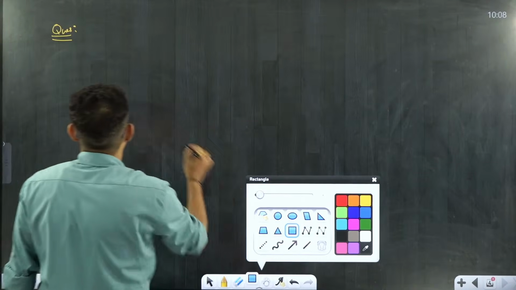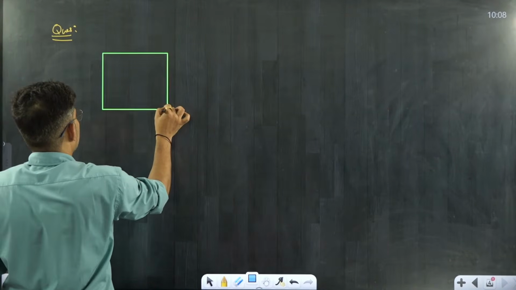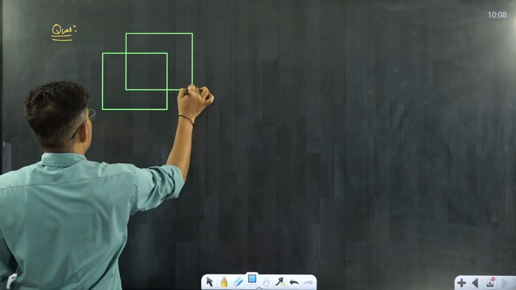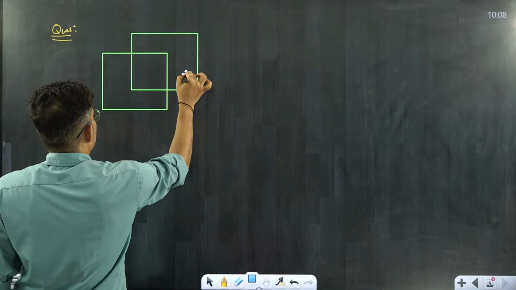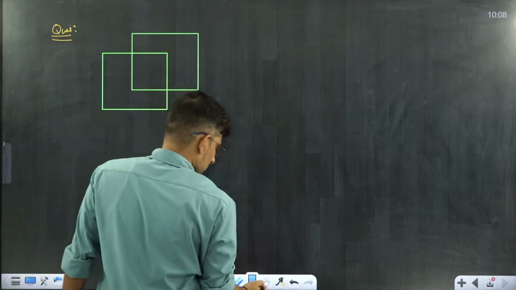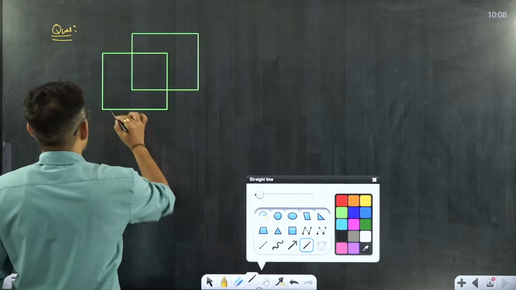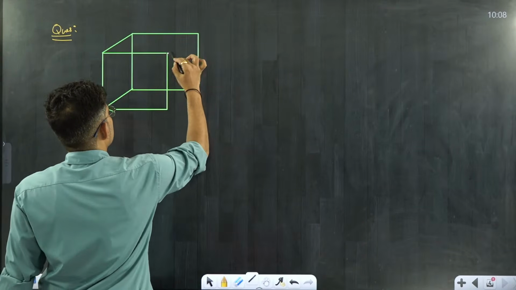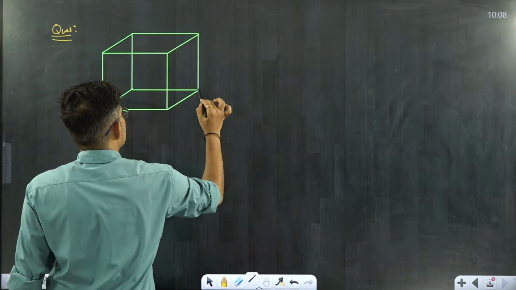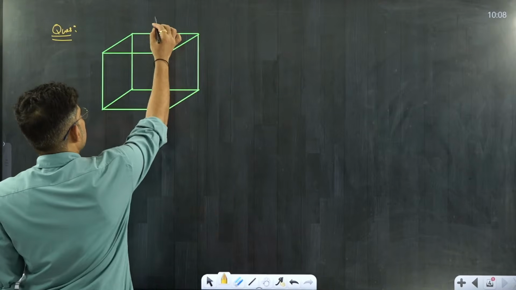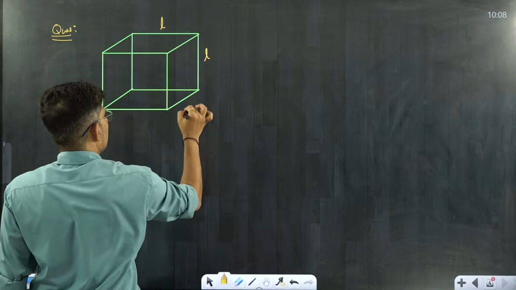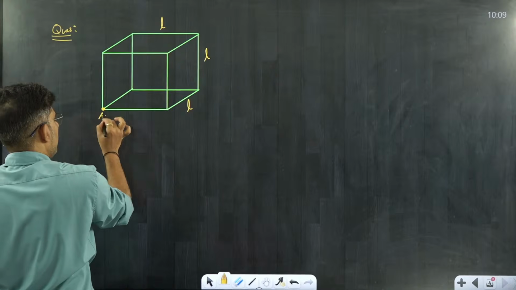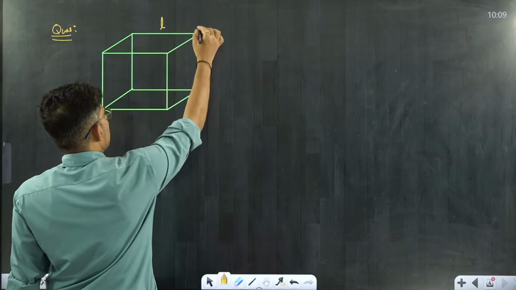Here we are having a cubicle room. So a cubicle room is there, and there is this corner A and the diagonally opposite corner on this side.